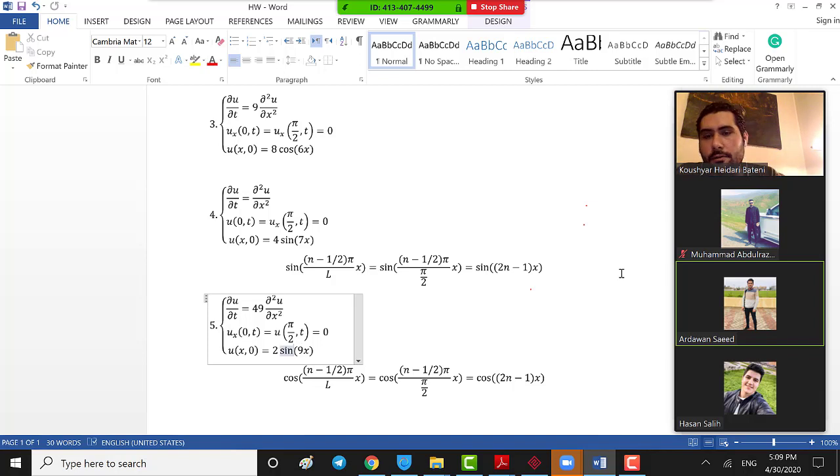But here I give you cosine so that you get a good result for Cn in step 3. If here I wrote sine for the initial condition, then all the c's in step 3 would be equal to 0.